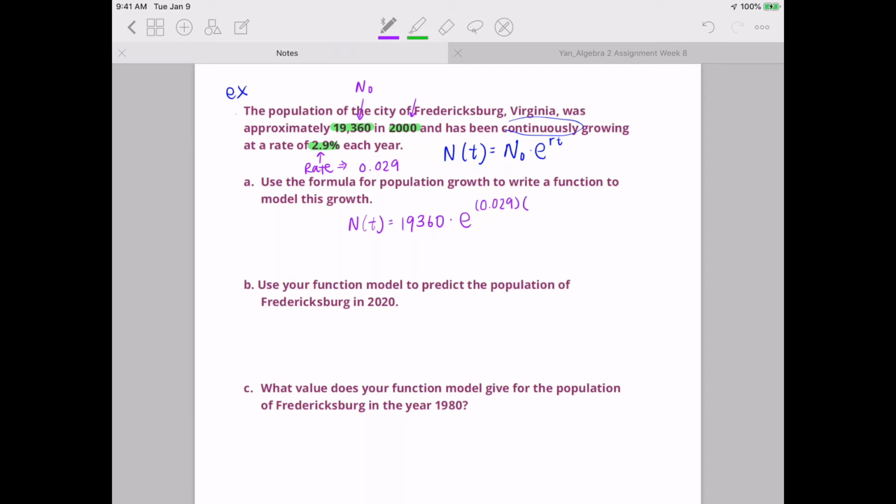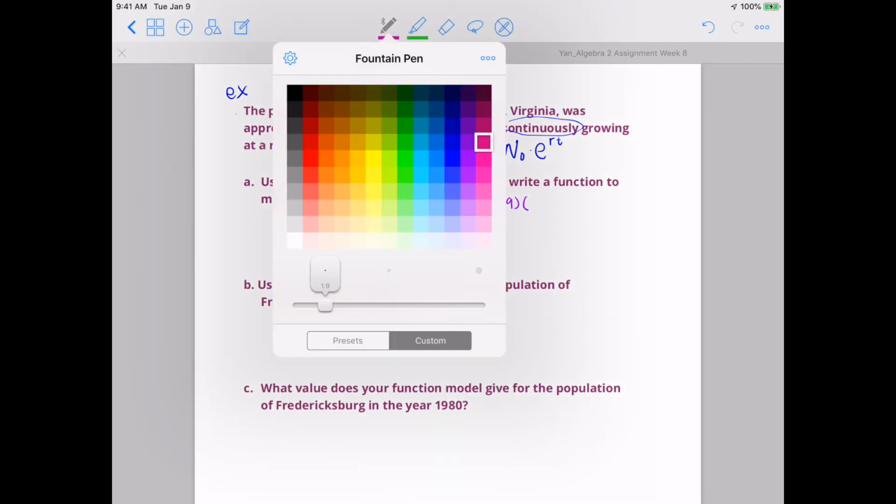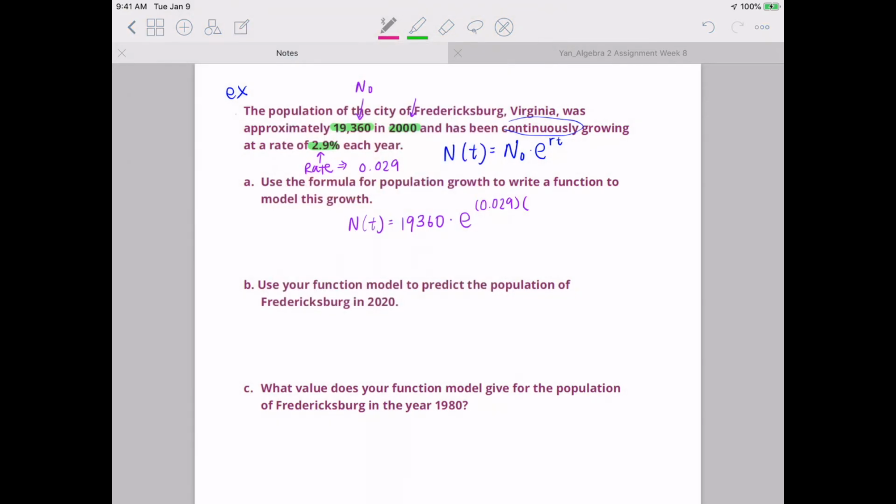And our t in this case, we are going to write the year that gives us. Usually it is t right here, right? But then this t really comes from the expected year minus year of 2000.